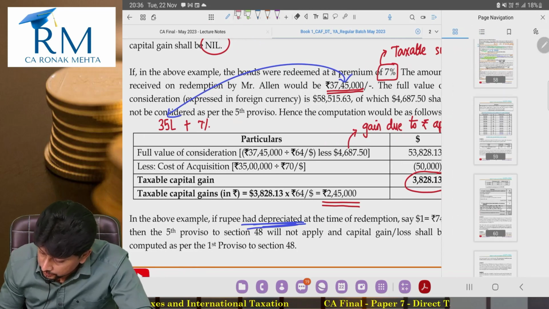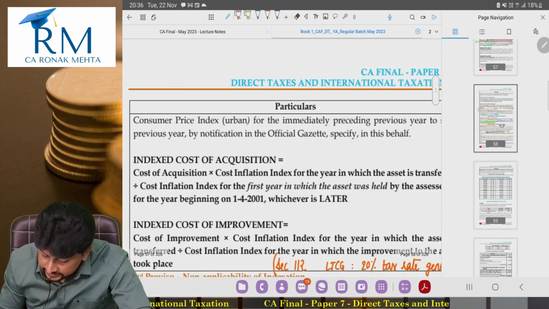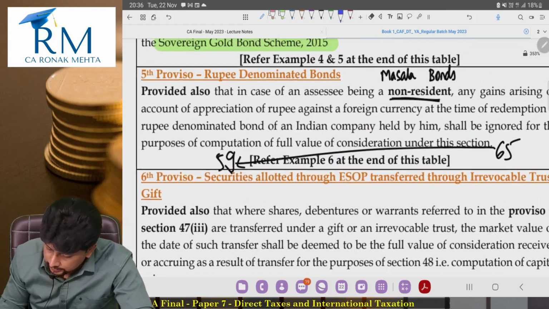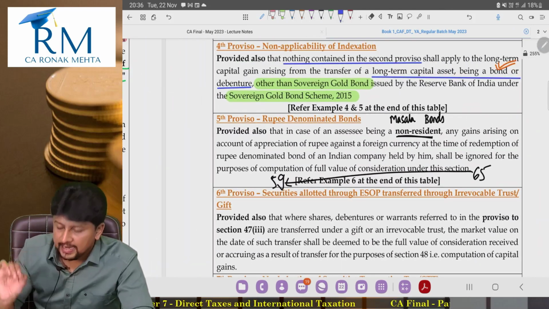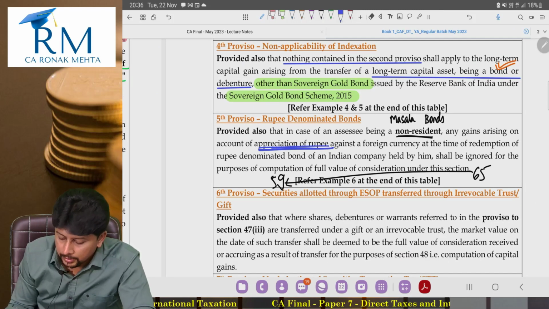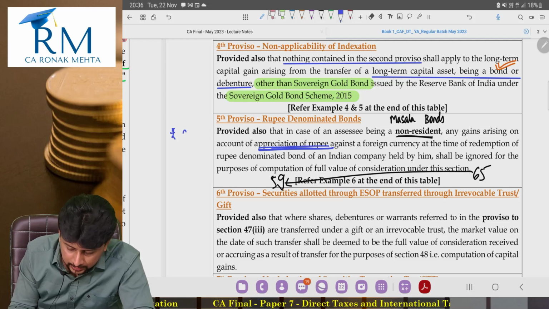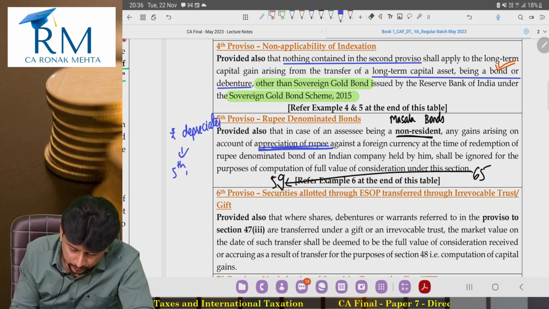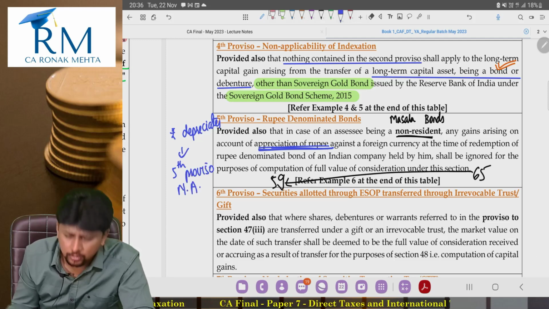This proviso is only saying that any gain arising on account of appreciation of rupee is excluded. If the rupee depreciates, then this fifth proviso is not applicable only. No problem.